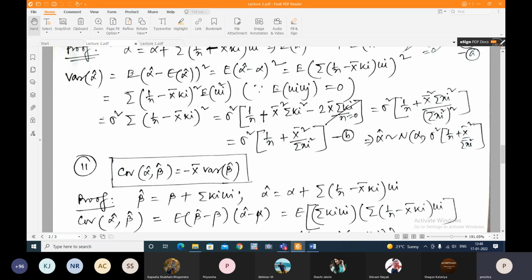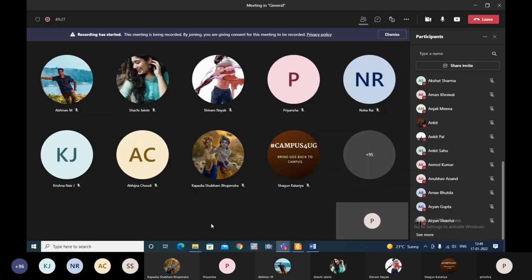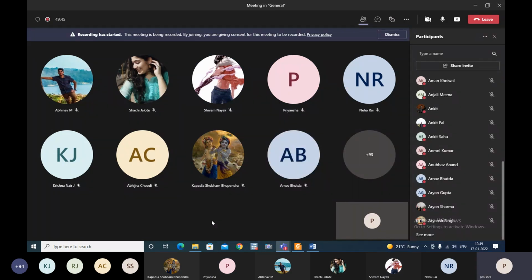The conclusions in statistical tests have some errors, like you might have studied type 1 error and type 2 error. Have you studied that? Yes, sir. Right. So this type 1 error, type 2 error, if you see the distribution.